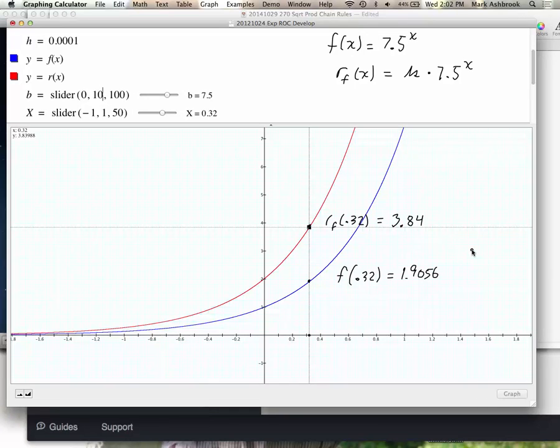Why am I getting this? So I got the output of the rate, and I got the output of the original function. How do those numbers relate to k? What would k be if our conjecture is right?